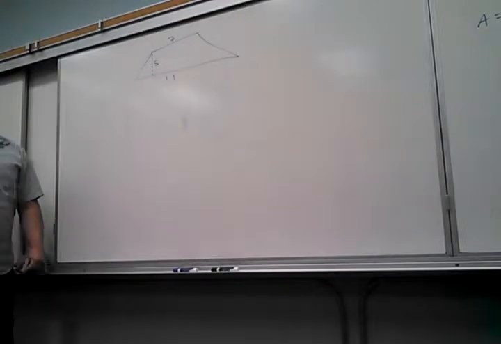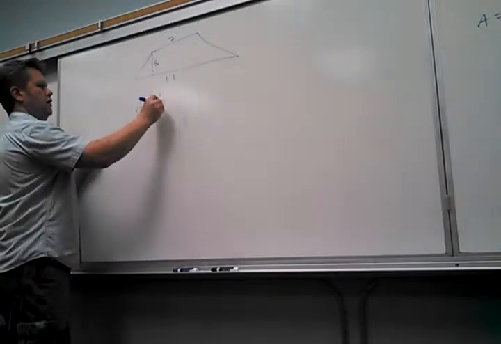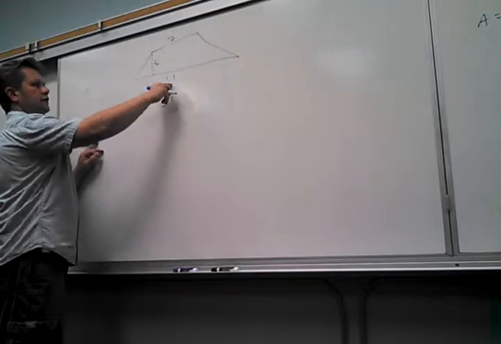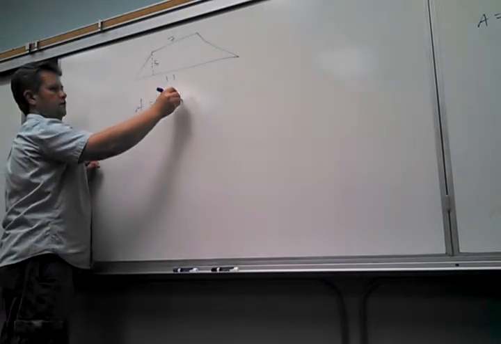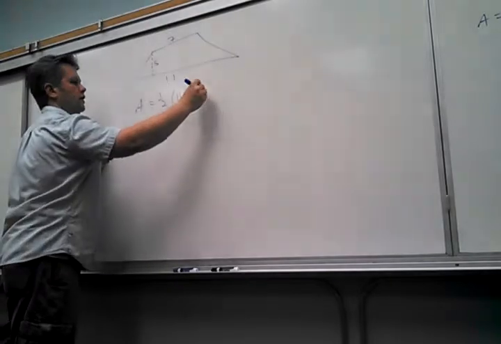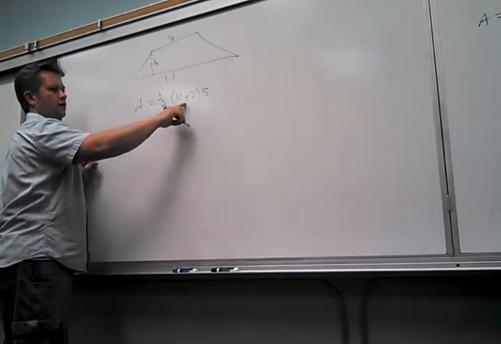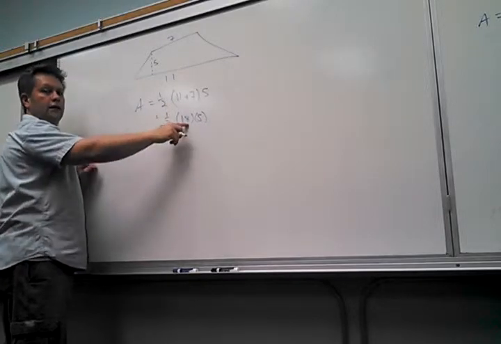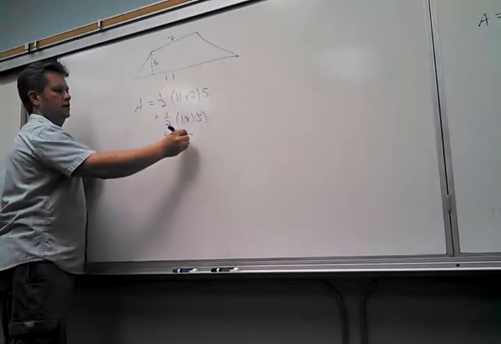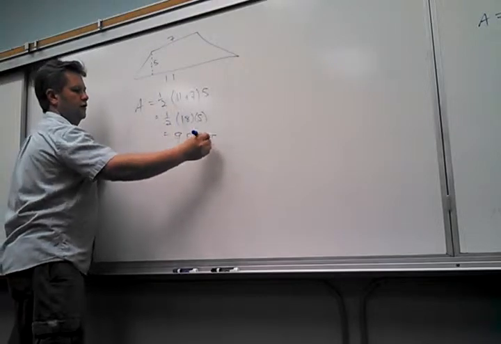Or 45? It'll be 1/2 the sum of the bases. So you add the bases up times the height. Times the height. I like it. 1/2 of 18. Half of 18 is 9, 9 times 5, 45. 45. I love it.